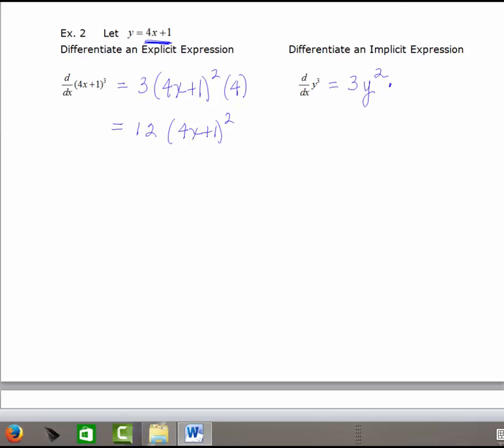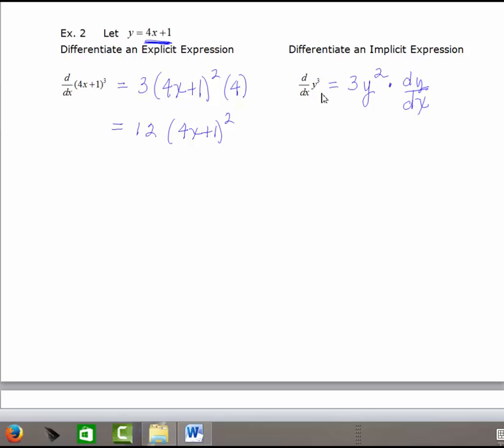So I need to take the derivative of the base. And since in looking at this, I don't know what the actual function is, I know I have to take the derivative of it, so it would be dy dx. Just like I did over here, I took 3 times 4x plus 1 squared times the derivative of what's inside.